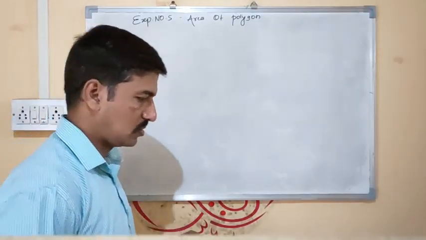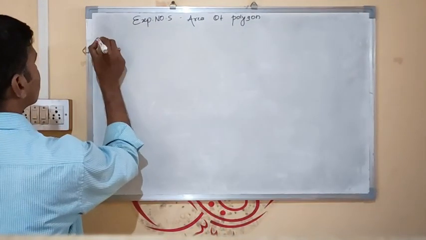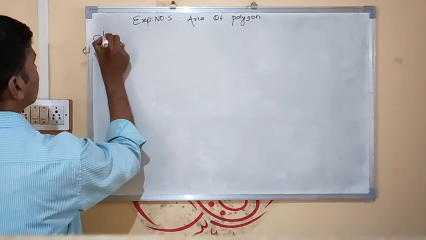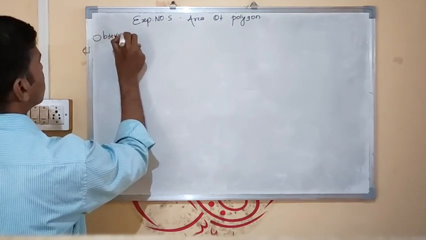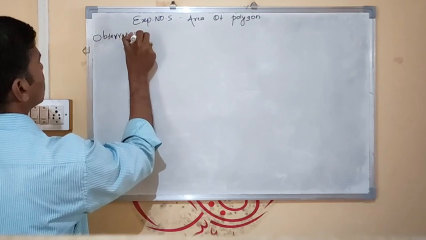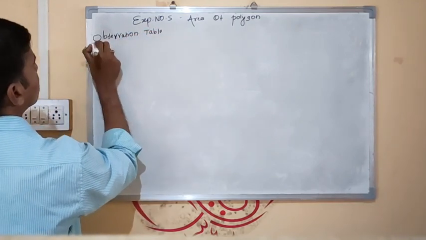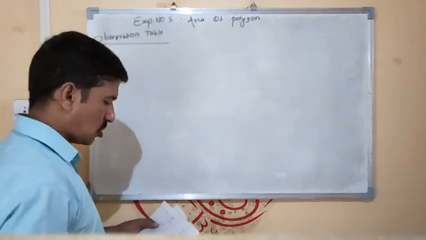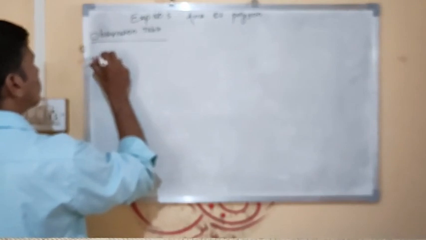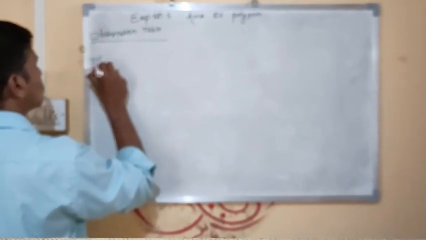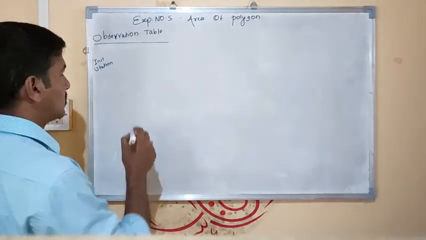Area of polygon. So in the observation table, prepare the column like this. First is instrument station. Next one is the staff station.